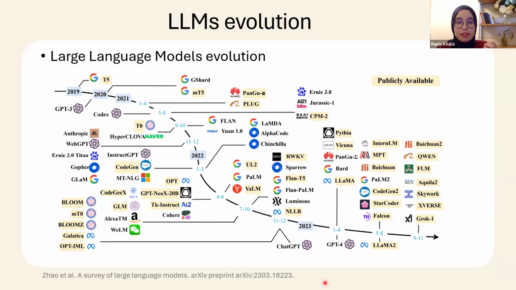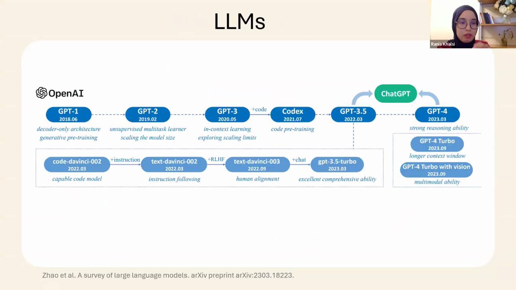This is mainly where I took the figures from: a survey on large language models. There is a particular emphasis on OpenAI in this survey, which allows us to clearly observe the evolution of the GPT family. So we can consider the GPT use case.